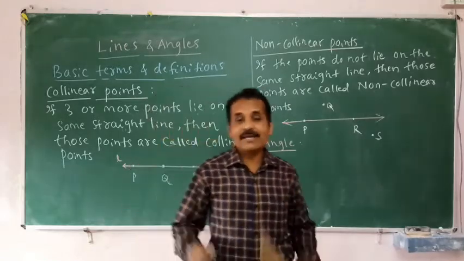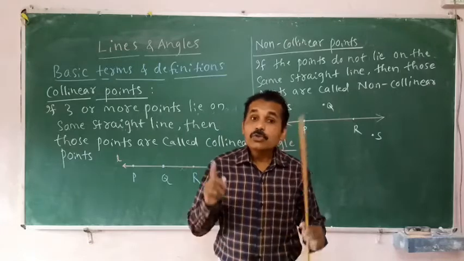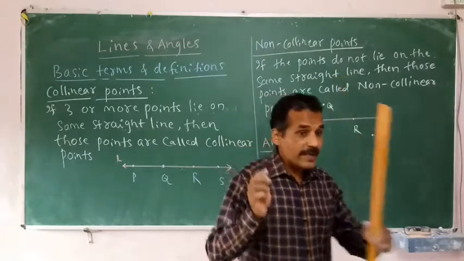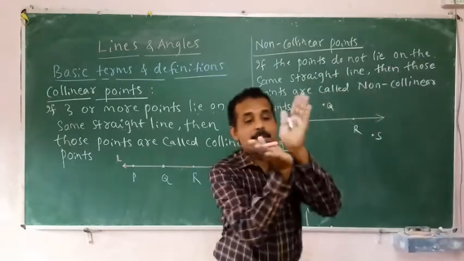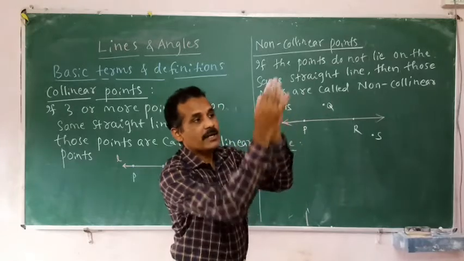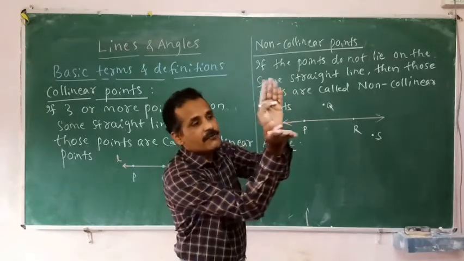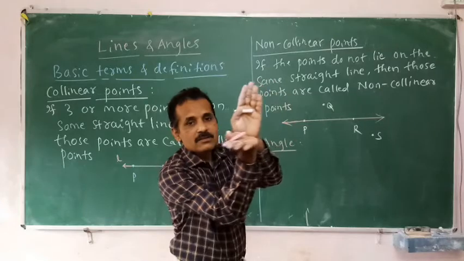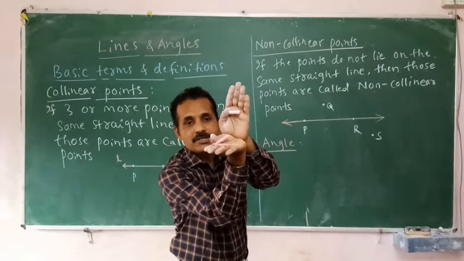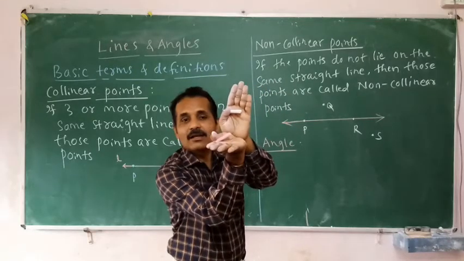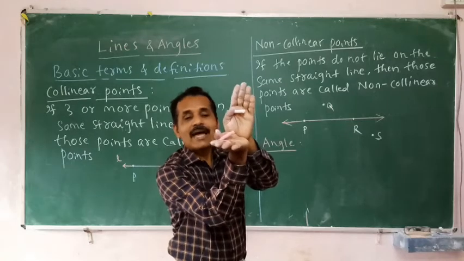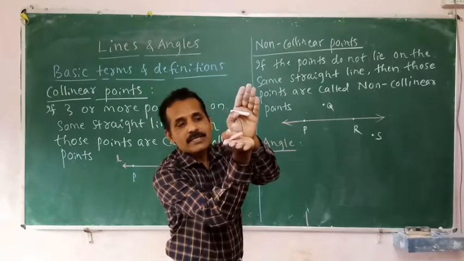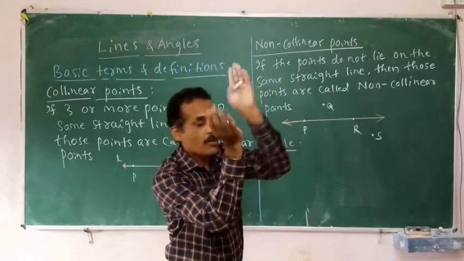See, we can define it like this. If two rays start from the same point, they form an angle. Or you can say the angle is formed when two rays start from a same point.